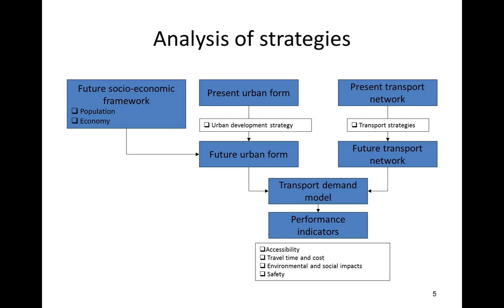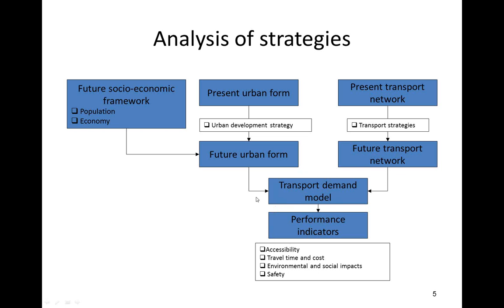The other one is transport strategies, and in the same way we would like to analyze whether investments in transport, say building a new motorway or building a new railway, will benefit the society or not, or whether they're value for money. So the transport demand model is sort of like our crystal ball, where we can look into different scenarios or different configurations of the city and check whether they make sense or not.